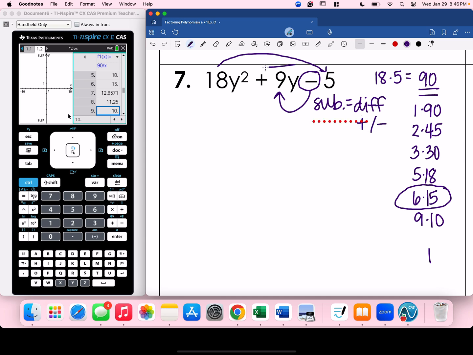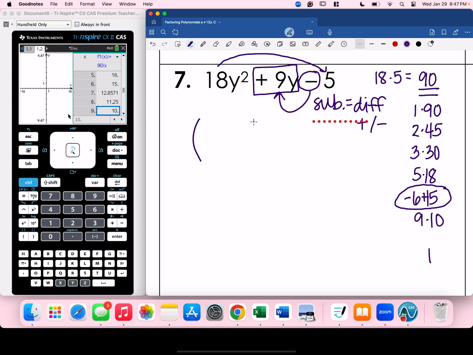So we pay attention to our middle term to determine which factor is positive and which is negative. I want 6 and 15 to give me a positive 9y. That means this plus sign needs to go to the 15, our larger factor. The opposite factor gets the opposite sign.